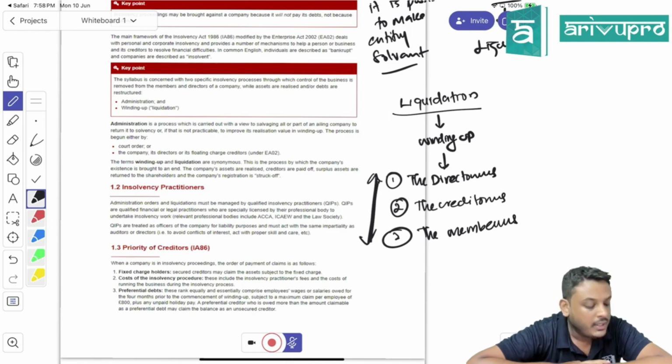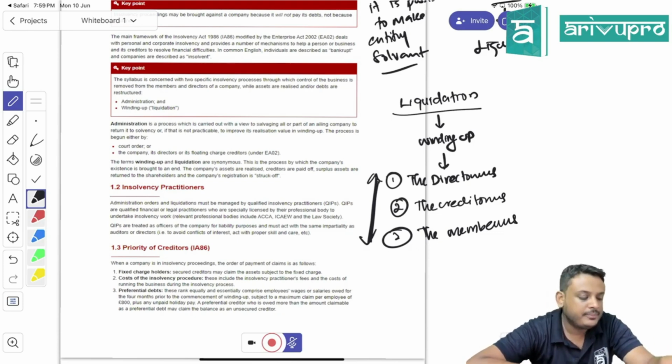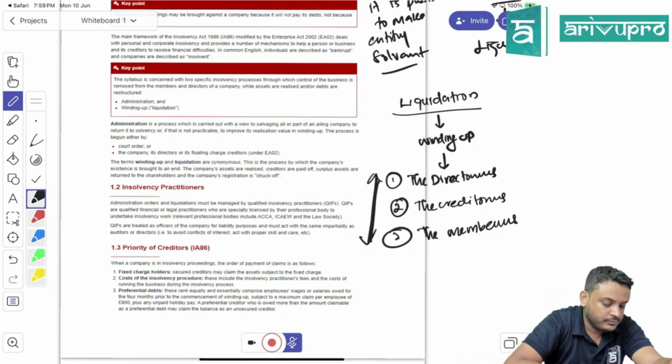Next point, write down. Directors generally decide winding up if the company is unable to perform at the required level.